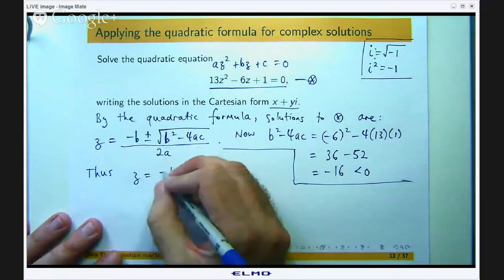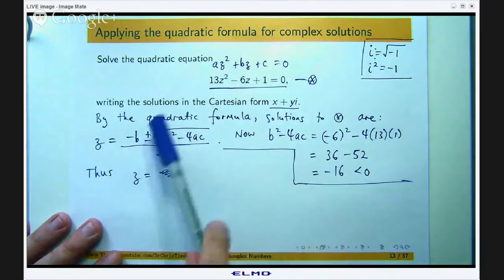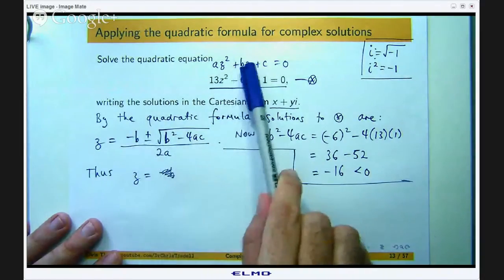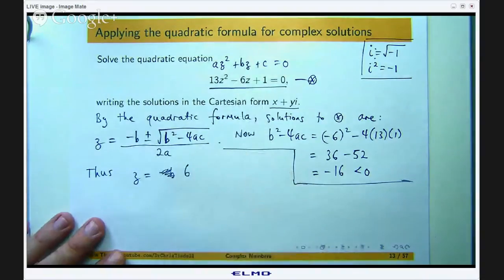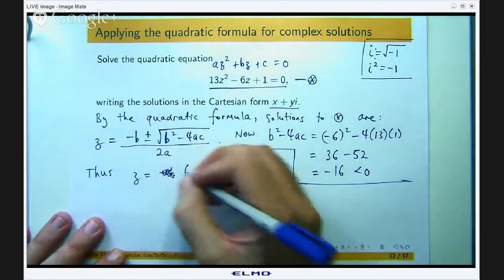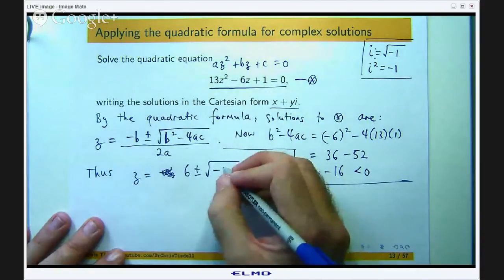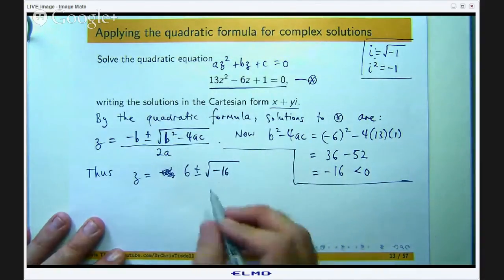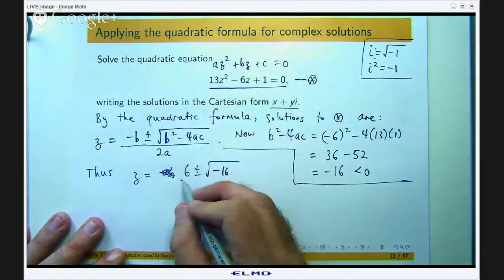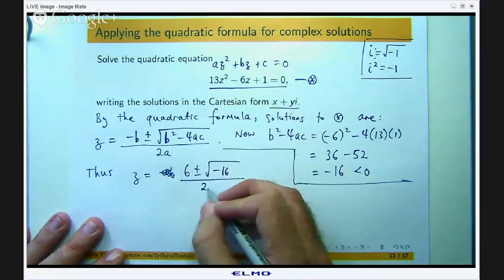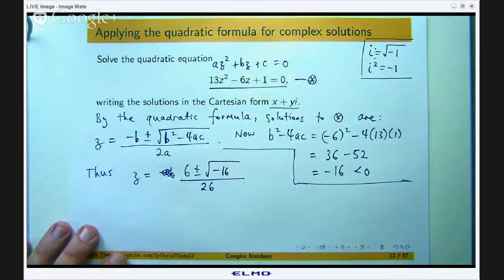So let's plug in now. So we get b is -6, so -b will be +6. And in the square root sign, we'll have -16. And a is 13, so 2a will be 26.